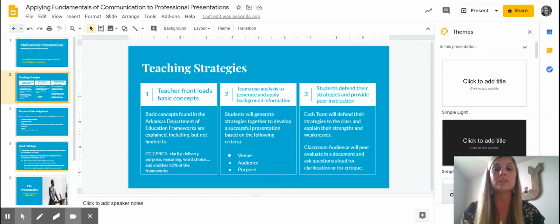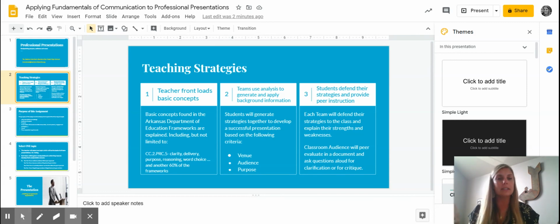We want our students to draw from background information, from a great guest speaker they heard from to a bad guest speaker. We've all had them, who taught them what not to do. We want them to draw from personal experiences, maybe hearing sermons from the church or being involved in community engagements, and being able to see what really worked for them as a student, as an audience member, and to apply that.